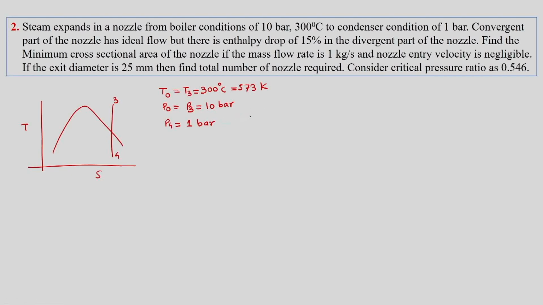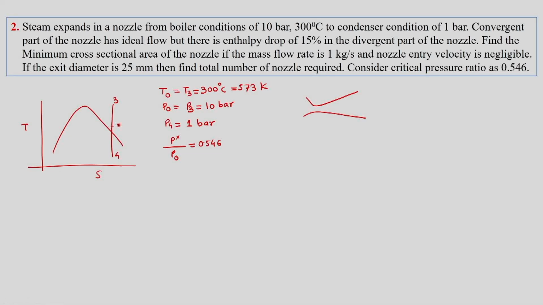We have been given that P star upon P naught is equal to 0.546. So, we are explicitly told that we have a CD nozzle.